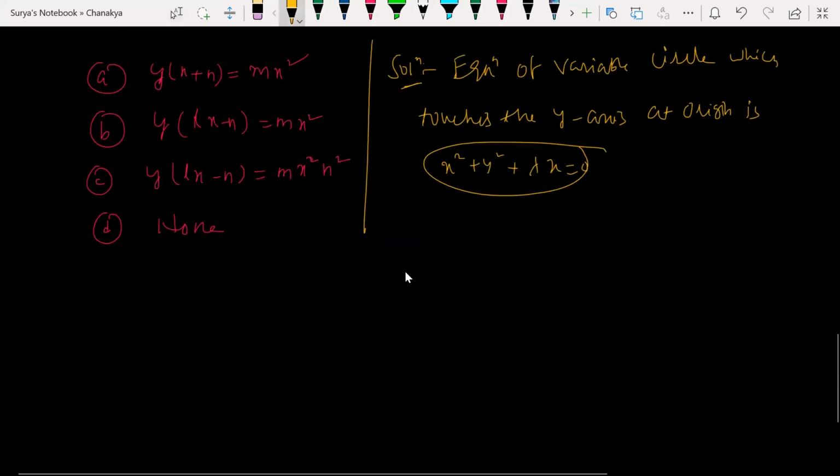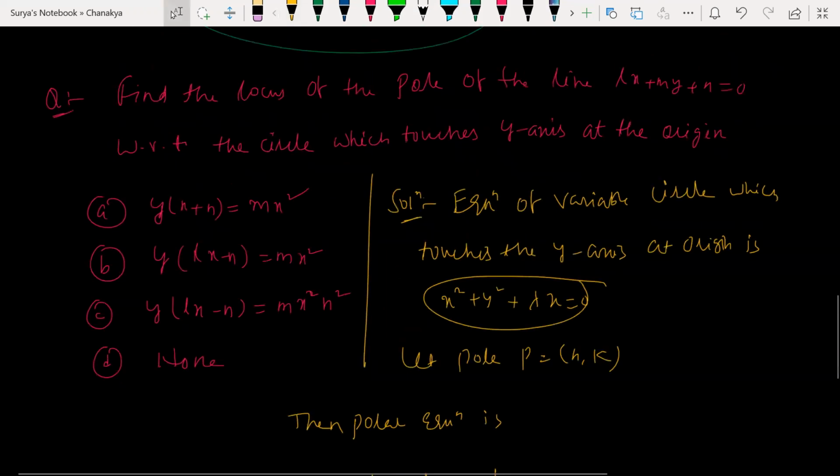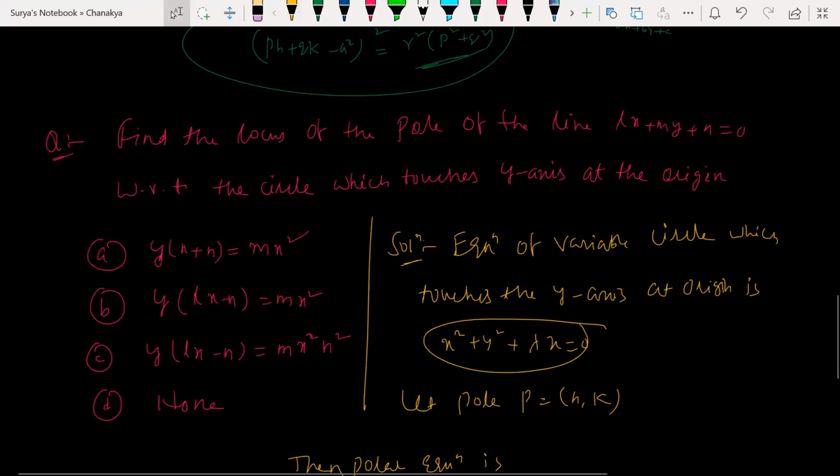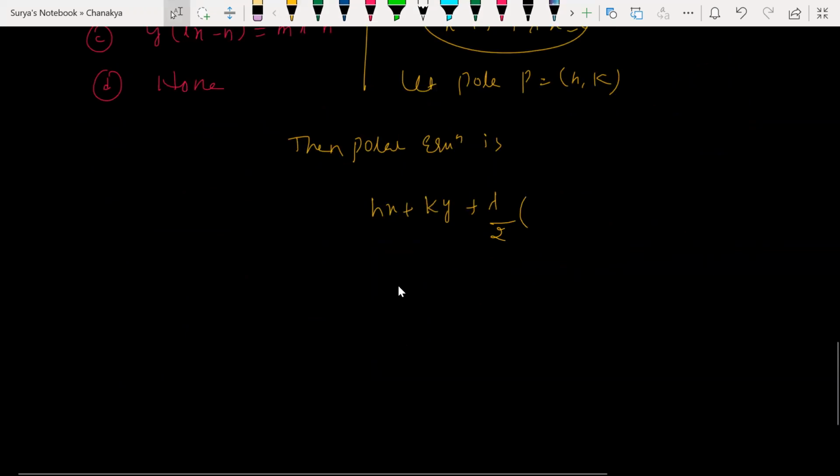So let the pole, which I do not know, be P is equal to some h comma k. What is the polar equation? The polar equation is hx plus ky plus lambda by 2 times (x plus h) is equal to 0.